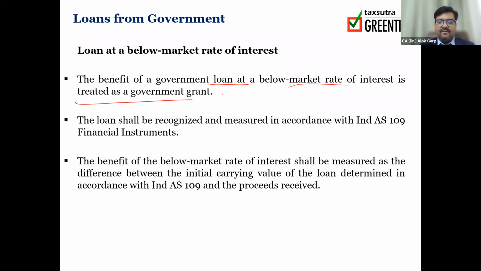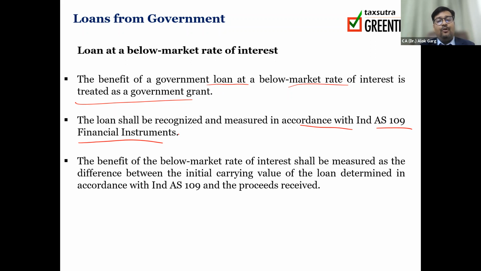So in this case, first of all, the fair value of the loan on the basis of market rate of interest is required to be recognized and measured as per Ind AS 109. And the difference between the fair value of the loan at the market rate of interest and the amount actually received as a loan has to be shown as a government grant.